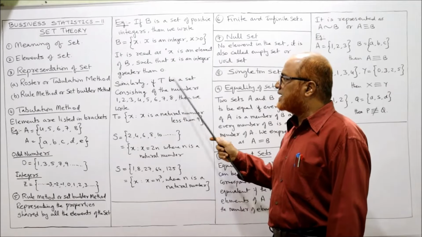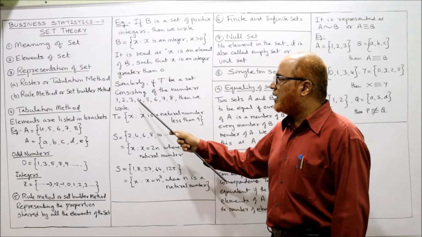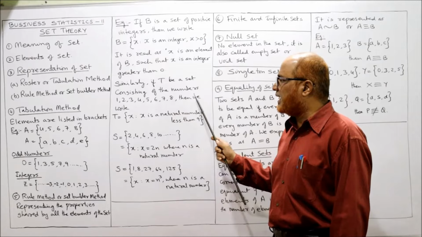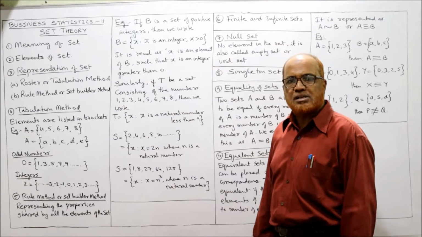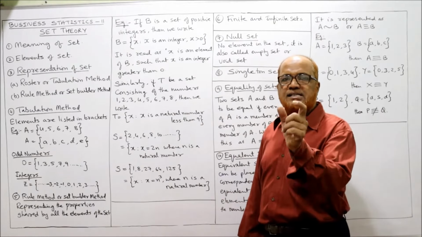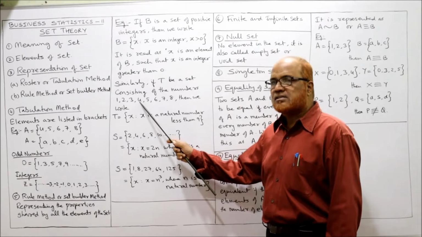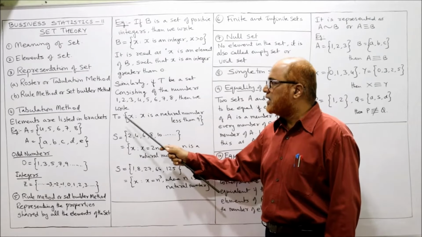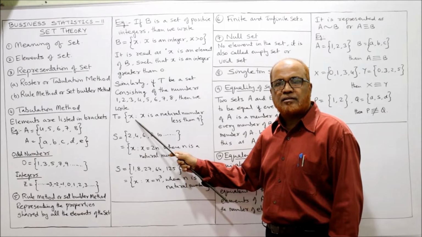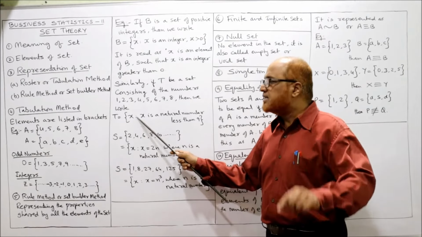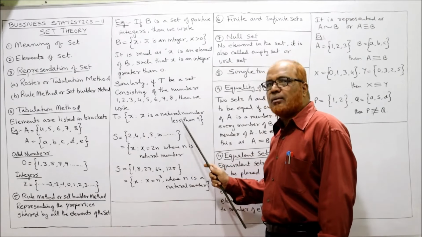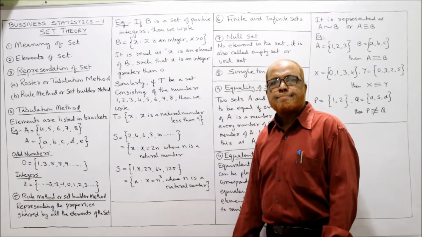Similarly, another example. If T is a set consisting of the numbers 1, 2, 3, 4, 5, 6, 7, 8, suppose we want to write it in set builder form. So how to write? T is equal to X, such that X is a natural number less than 9.